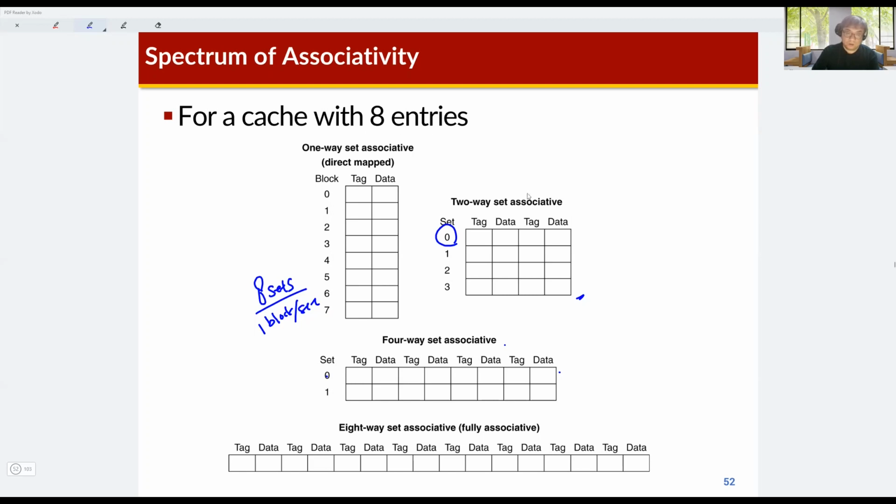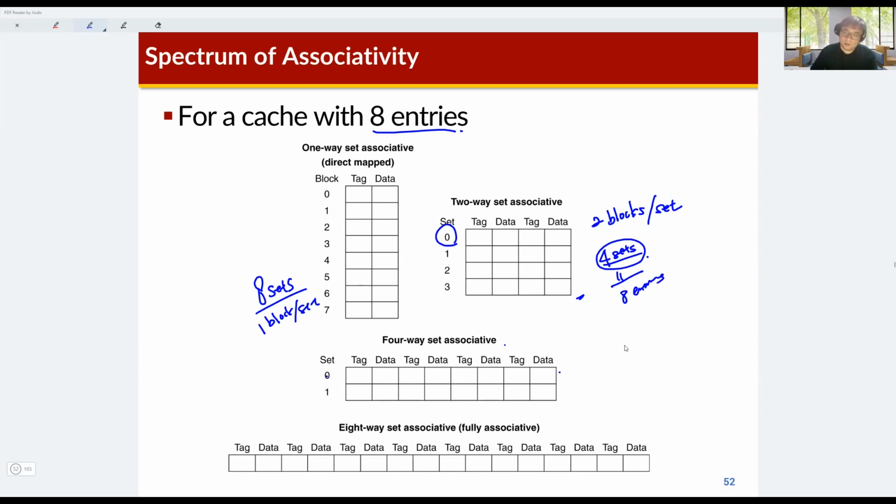This cache has a total of 8 entries, but with two blocks per set, there are 4 sets. Okay, so it's 8 entries.